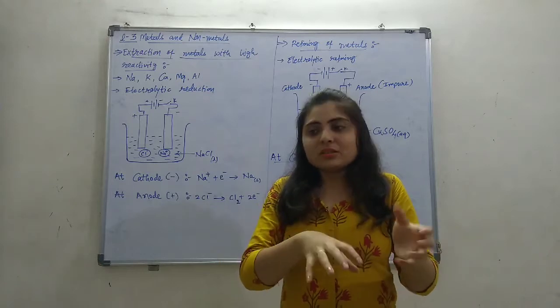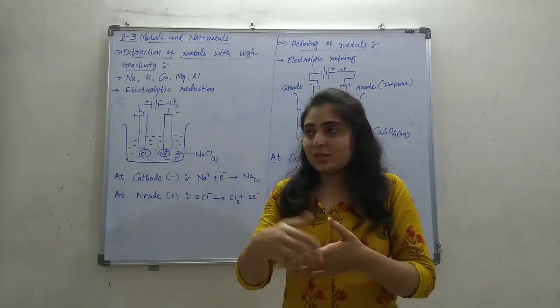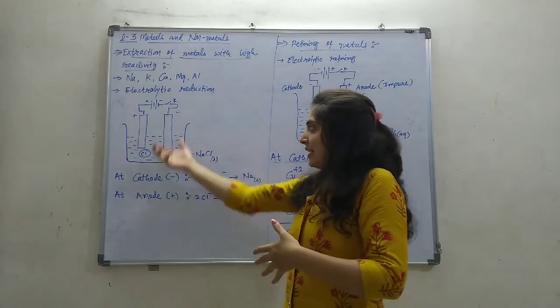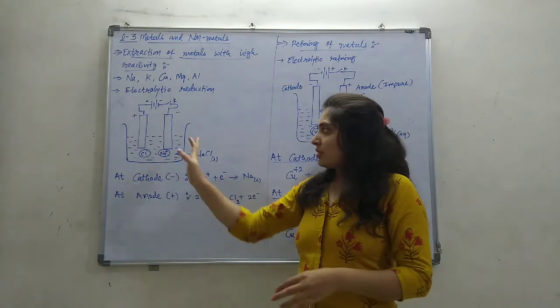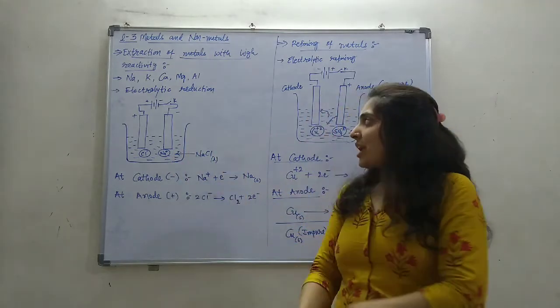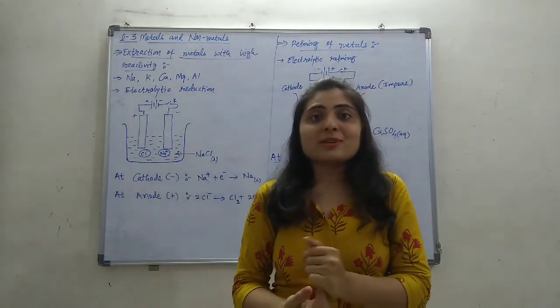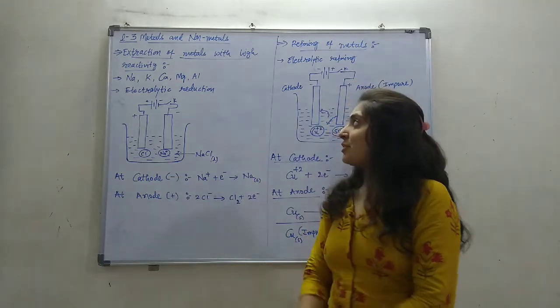Then it is easy to melt the aluminium oxide and electrolytic reduction can be done. This is the reaction which shows the electrolytic reduction for the highly reactive metals.